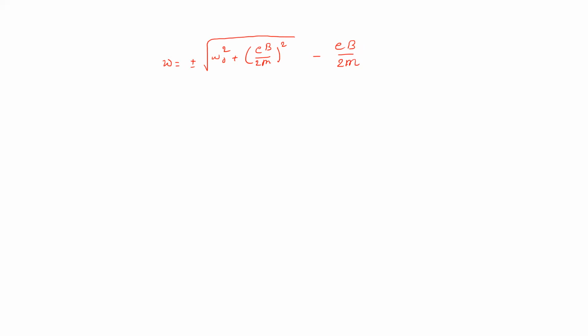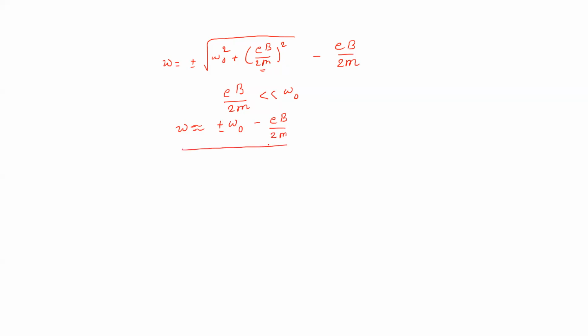But it is observed that this quantity eB divided by 2m is very small as compared to omega 0, and therefore we will neglect this term. Therefore we can write omega is approximately equal to plus minus omega 0 minus eB divided by 2m.